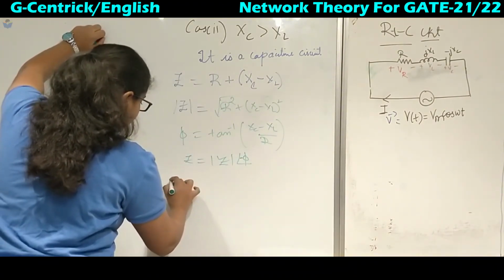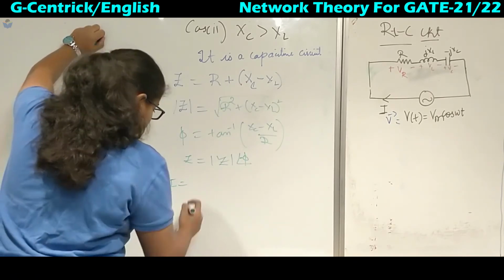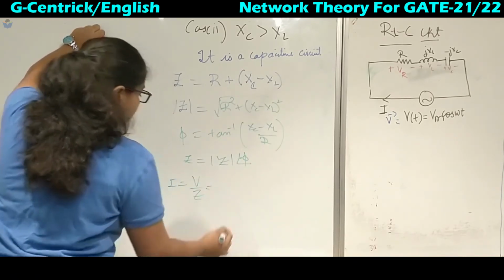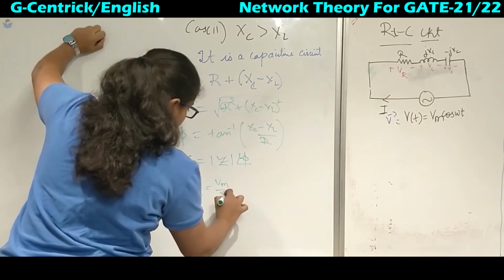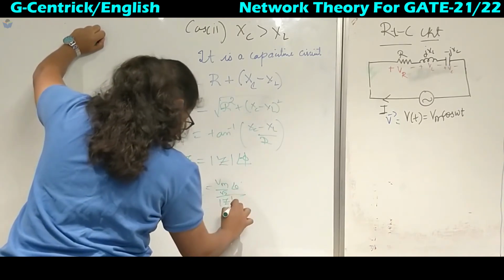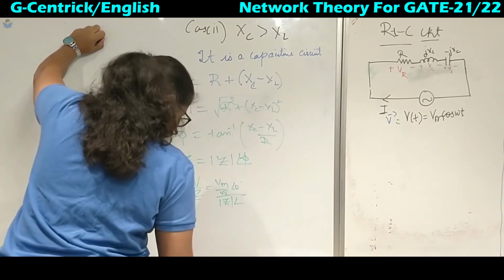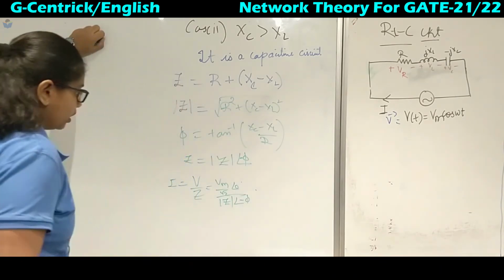Z is over, then if you have to calculate the value of current, what will you get? The value of current is V by Z. So V is nothing but Vm by root 2 at 0 degree because of cos, then divided by the magnitude of Z at minus 5 degrees. Correct?